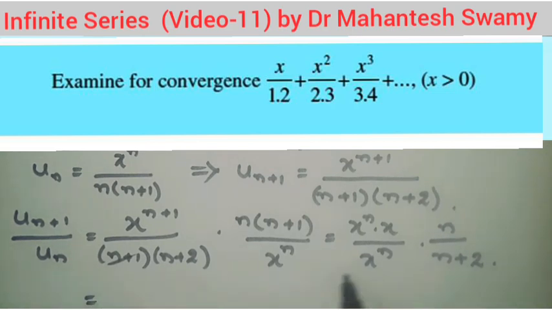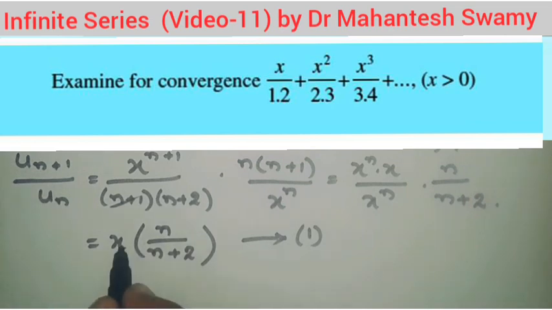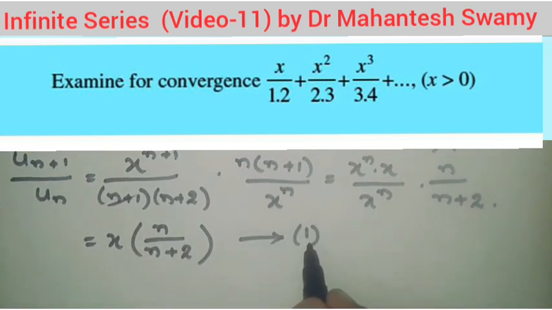This x to the power of n cancels with this x to the power of n. So the remaining thing is x into bracket n divided by n plus 2. Let us call this equation number 1, that we will be using further for our reference.